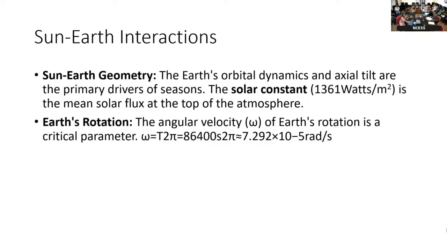And you already know that sun-earth geometry is there. The solar constant is the mean solar flux, the energy received at the top of the atmosphere. Another parameter is the Earth's angular velocity, with a value of about 7.292 into 10 raised to minus 5 radians per second.